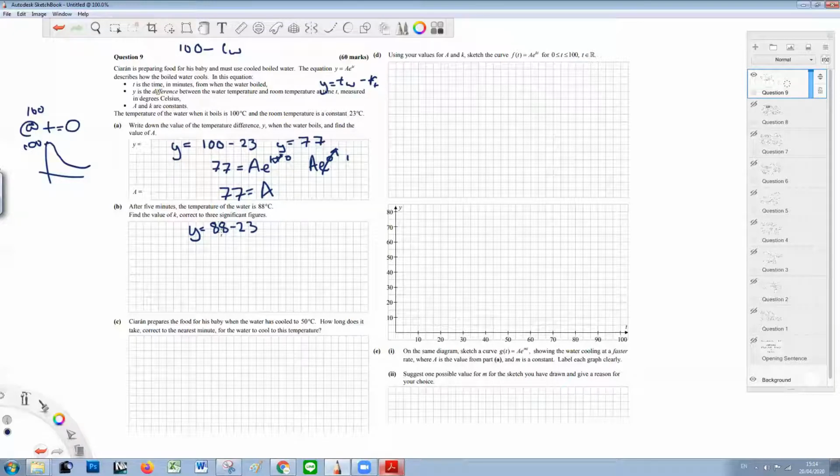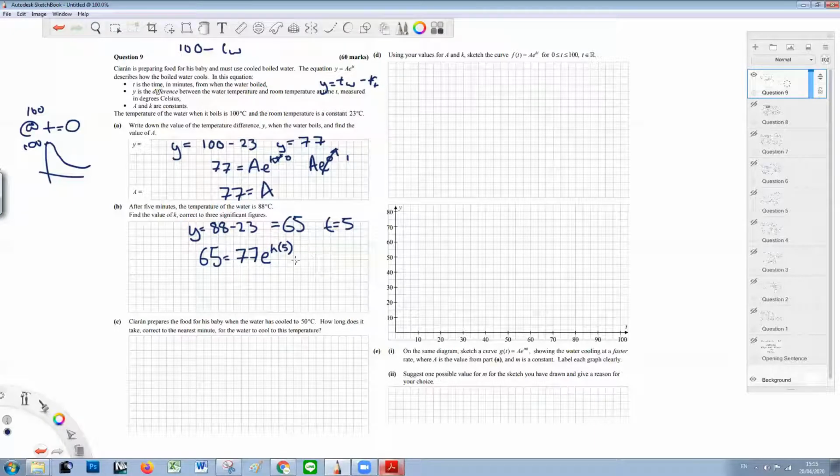So that value is going to be 65. And we know that we're looking for this at t equal to 5. So if we write down the equation again, we have 65 is equal to 77e^(5k).